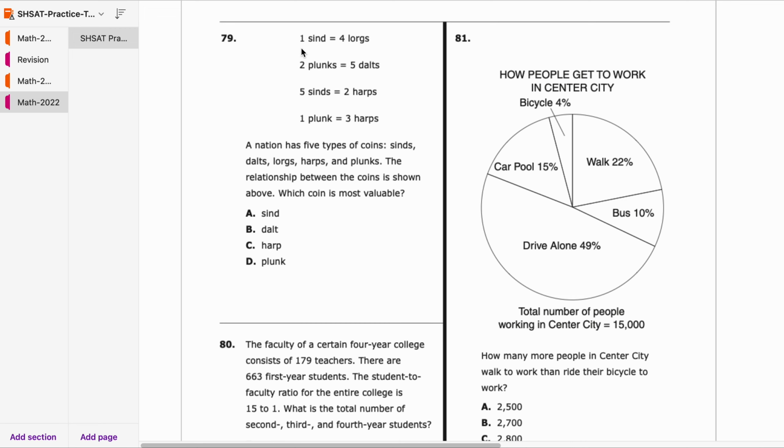If 1 sind is equal to 4 lorgs, then 4 lorgs makes a sind, so therefore sind must be more valuable than lorg, because it takes 4 lorgs to make a sind. Now if 2 plunks is equal to 5 dolts, then 1 plunk is equal to 2.5 dolts, and therefore the plunk is going to be more valuable than the dolt.